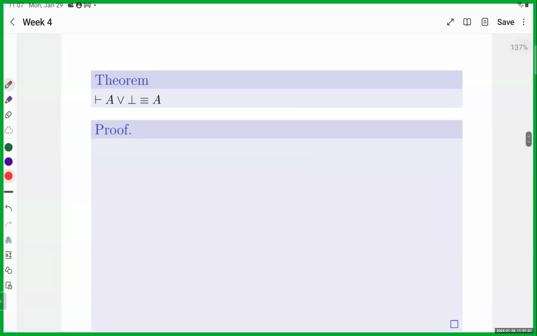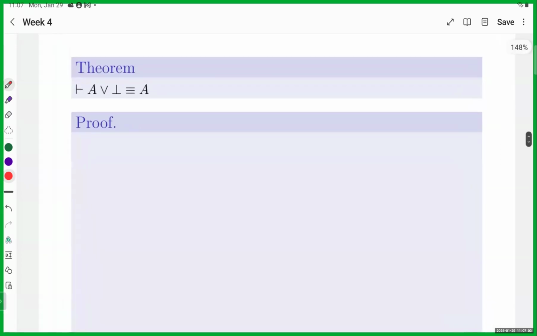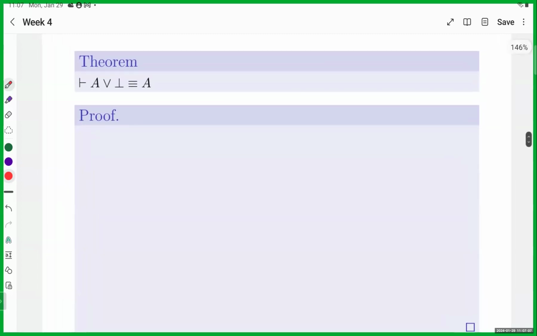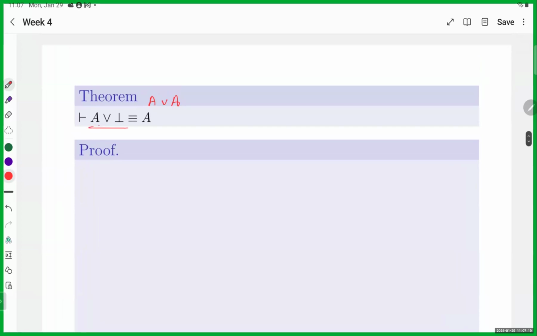A or bottom is equivalent to A. Let me think about it. Okay, yeah. So the strategy is to replace this with A or A, and we know A is equivalent to A or A. Now on this side, I'm going to have A or bottom, and on this side, I'm going to have A is equivalent to A or A. Now I can undistribute this.